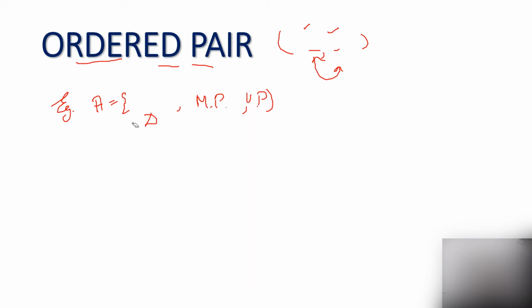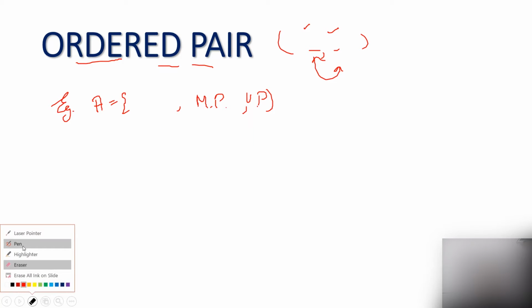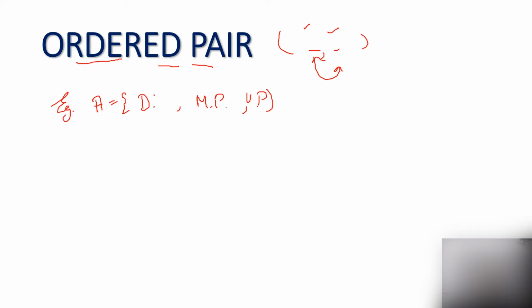DL we are using for Delhi, MP for Madhya Pradesh, and UP for Uttar Pradesh. And we are having codes for that. Let us consider two codes are there, 01 and 02. And we want to give the name to the cars.